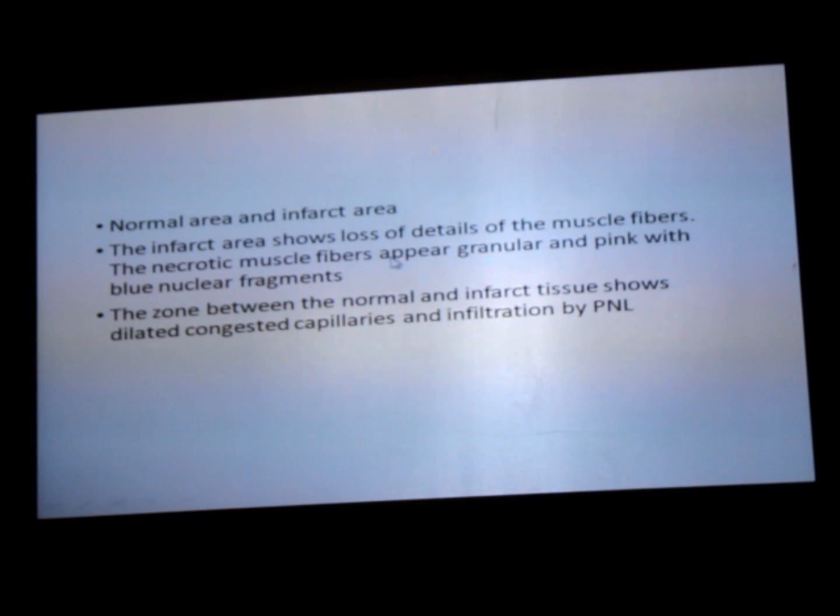So normal area and infarcted area. The infarct area shows loss of details of muscle fibers. The necrotic muscle fibers appear granular and pink with blue nuclear fragments. The zone between normal and infarct tissue shows dilated congested capillaries and infiltration by polymorphonuclear leukocytes.